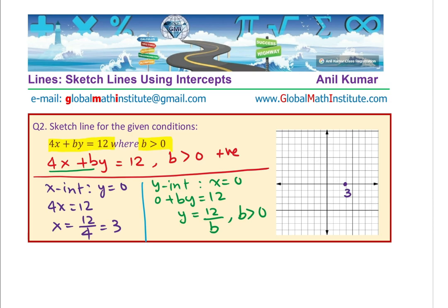I can draw a line here, going through this point. Something like this, where the y-intercept is 12 by b. And definitely, since b is positive, the graph will go through these three quadrants, not quadrant 3 this time, right? Do you see that? So it is downwards. We see that the line goes down.